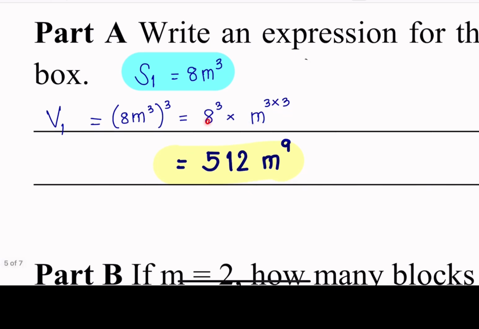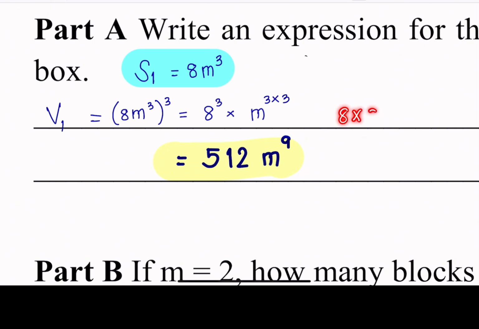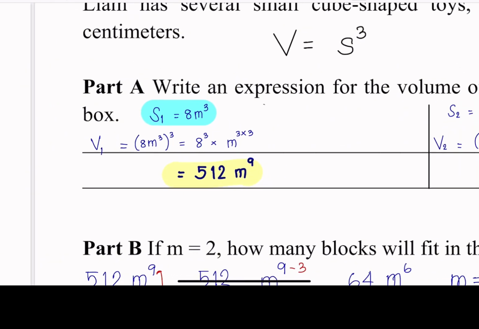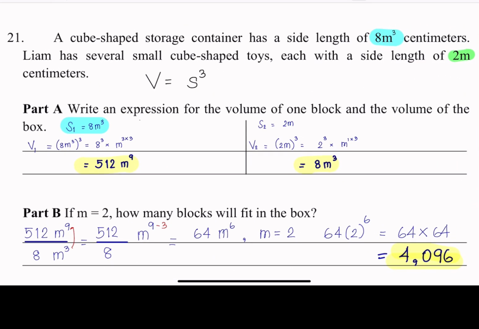So we have 8 times 8 times 8. 8 times 8 is 64. Times 8 is 512. That is why we have 512. m, 3 times 3 is just 9. So 512 m to the power of 9.